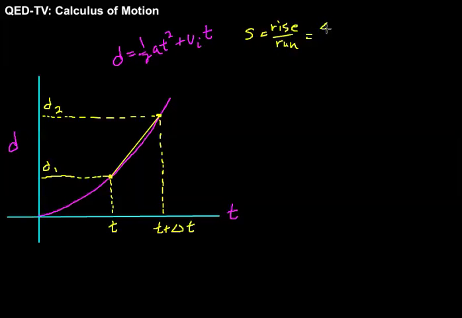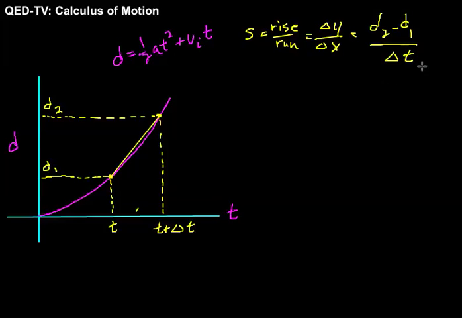It's the change in y over the change in x. And my change in y here is d2 minus d1. And my change in x is t plus delta t minus t, which leaves me with just the difference between these two, which of course is just delta t.